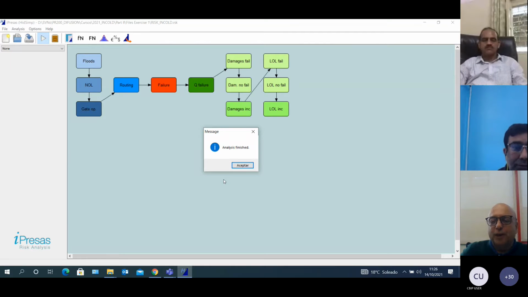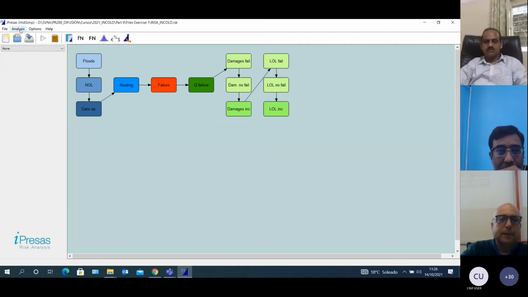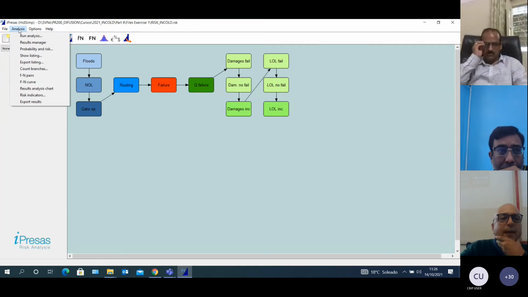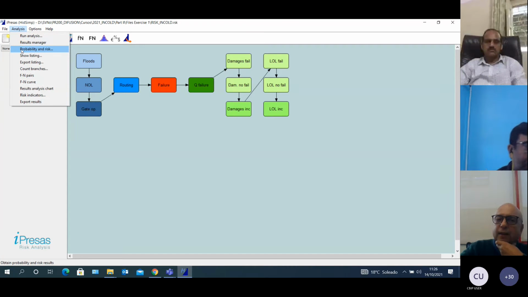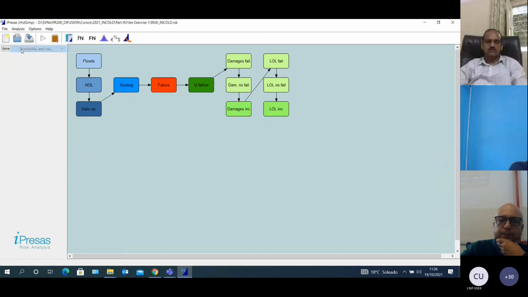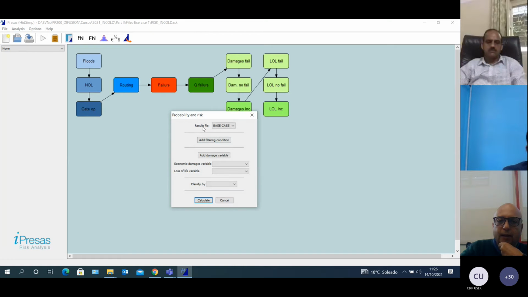Now we want to know if we did it right. Okay, so we accept. We can go to analysis and we can select probability and risk to check if the results are fine. So here, results file, base case, and we need to let him know what is the economic variable and the loss of life variable. So for economic, we have to select econ damage incremental.